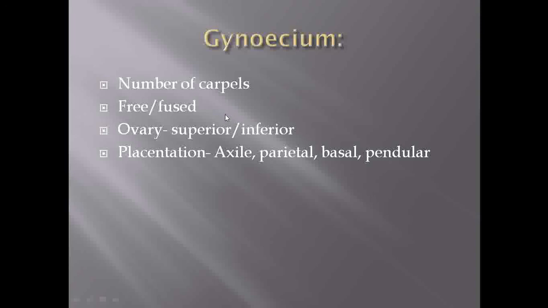Remember that if our flower is hypogynous, then the ovary is always superior. And whenever our flower is either epigynous or perigynous, then the ovary is inferior. Then next we have to know about their placentation, whether they show axile, parietal, basal, or pendular type of placentation.